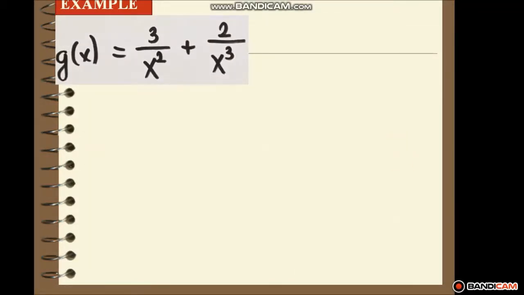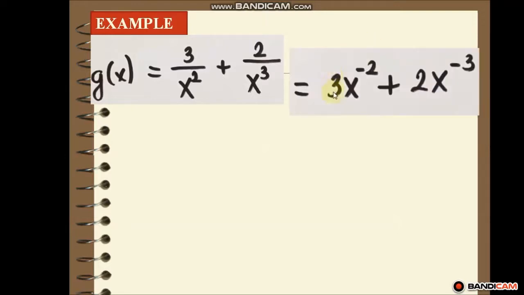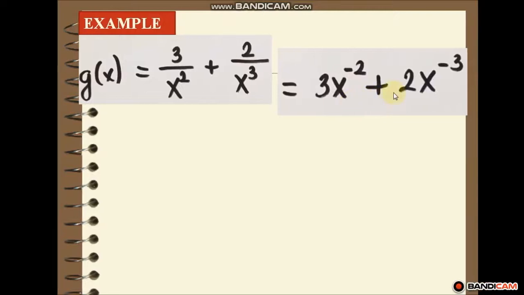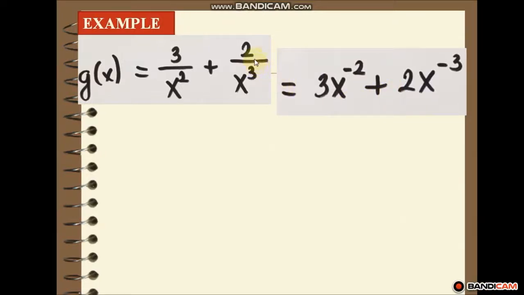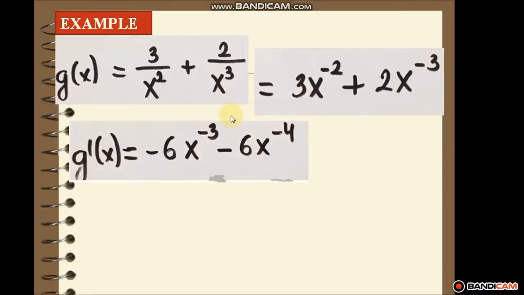Next example, g(x) = 3/x^2 + 2/x^3. Also at first we will simplify this given function. 1/x^2 means x to the power of minus 2, and we have 2/x^3, which means 2 multiplied by x to the power of minus 3. Then get the first derivative.